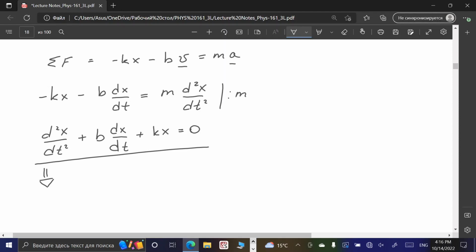We also need to write the characteristic equation. Oh, sorry, but I forgot here mass. Okay, so we write the characteristic equation: lambda squared plus b over m times lambda plus k over m, equal to 0.